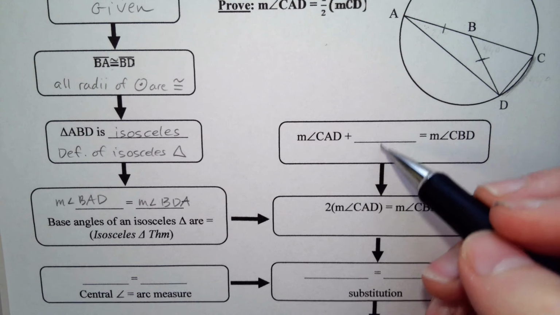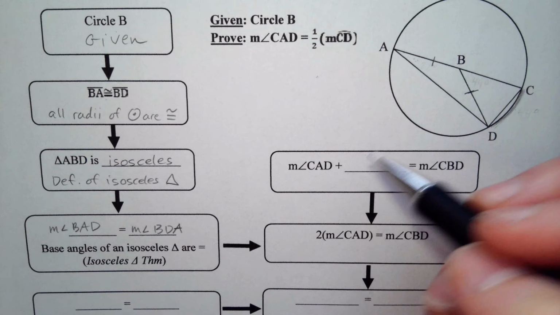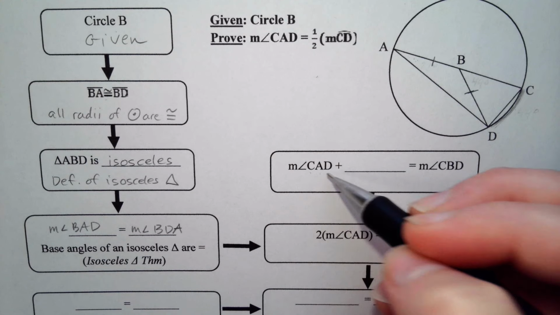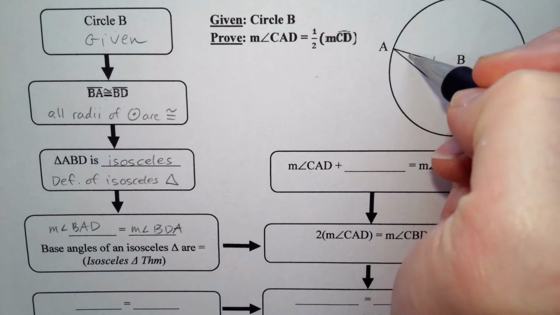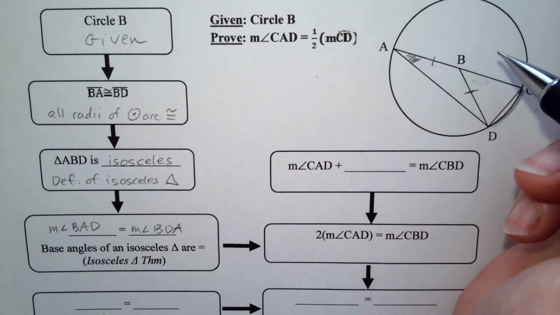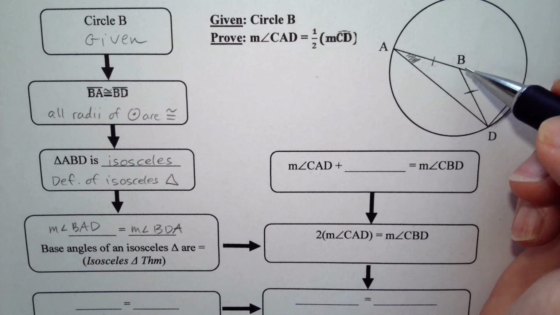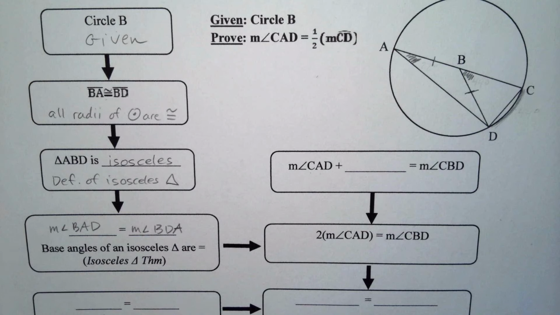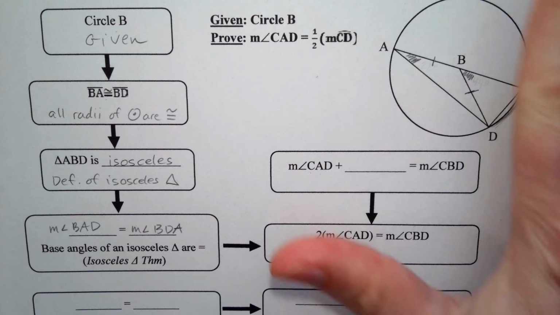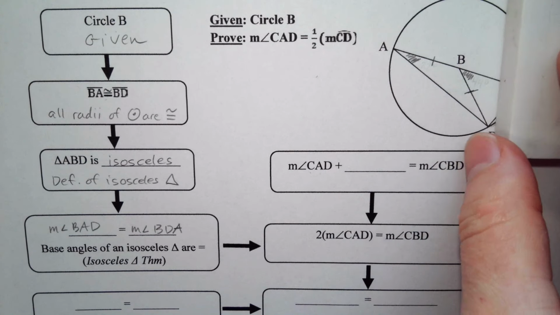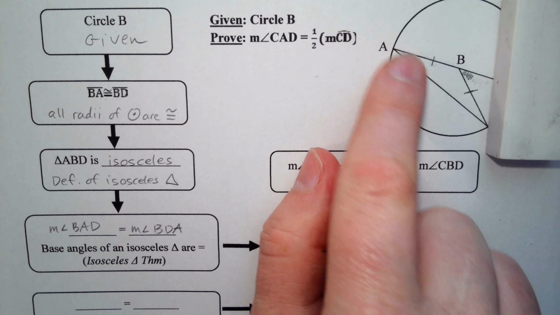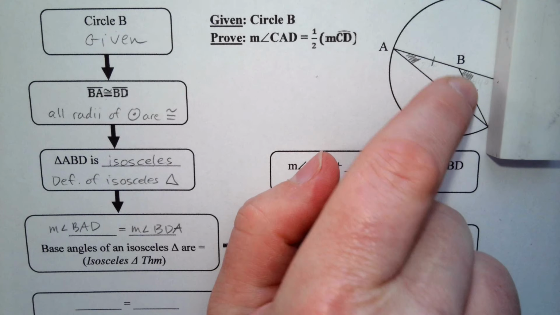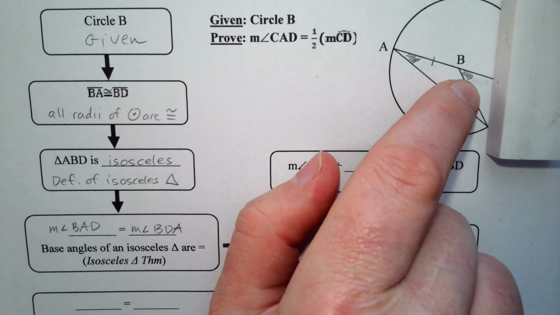Okay, meanwhile, we have another relationship here. The measure of angle CAD, I'm going to shade that in so we can see it better, plus something makes the measure of CBD. This was always a kind of a tricky step for students, but if you really look at it, and I cover other parts up, I have a triangle here where one side's extended. That angle is outside the triangle.